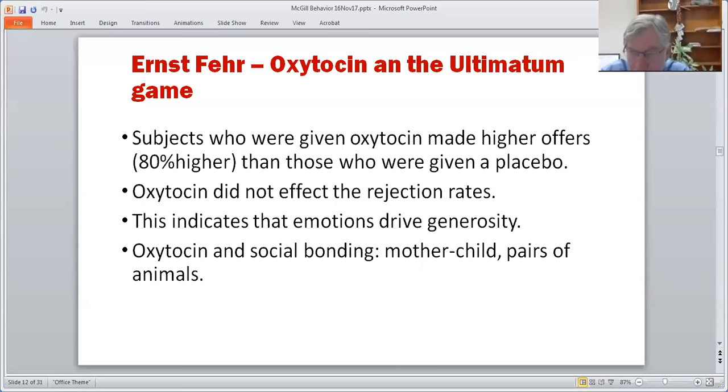And subjects who were given oxytocin made much higher offers, about 80% higher than those who were given a placebo. It didn't affect the rejection rates. So again, it illustrates the importance of these human attributes of fairness, concern for others, concern with social position. It's something real that's in human nature, something that's wired in the human brain.